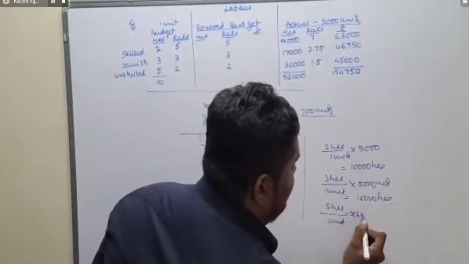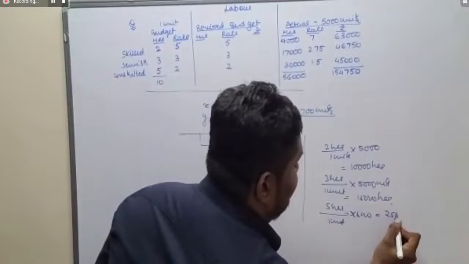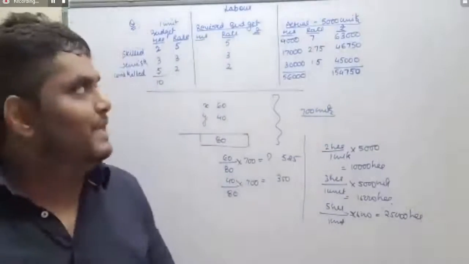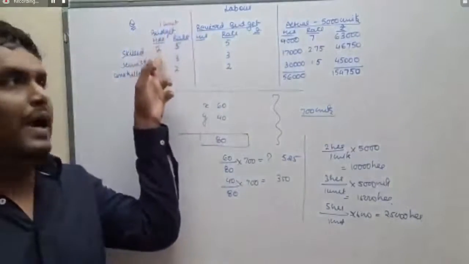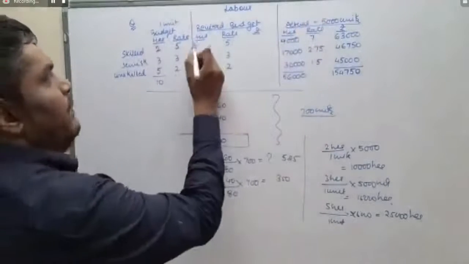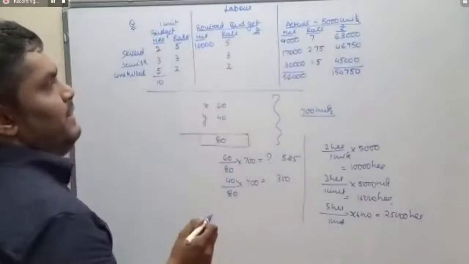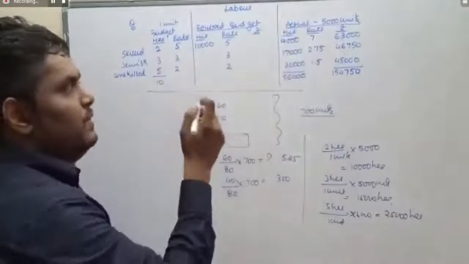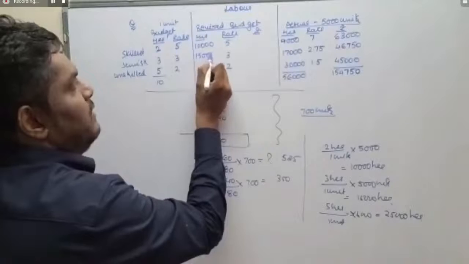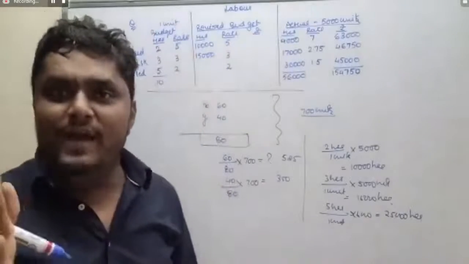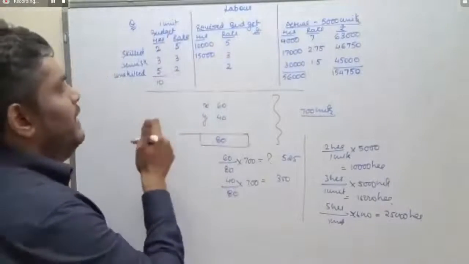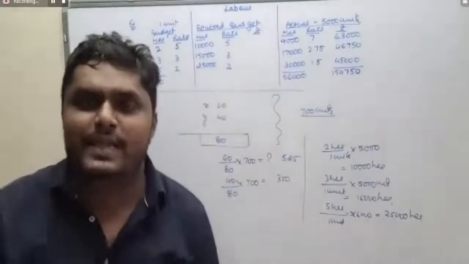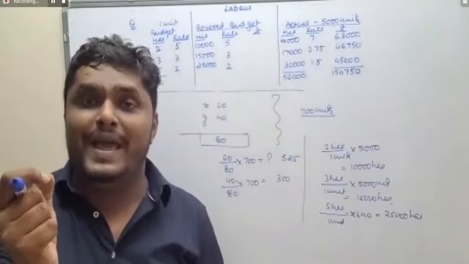So for 5,000 units, how many hours? 25,000 hours. If one unit requires 2 hours, 5,000 units require 10,000 hours. If one unit requires 3 hours, 5,000 require 15,000 hours. If one unit requires 5 hours, 5,000 units require 25,000 hours.